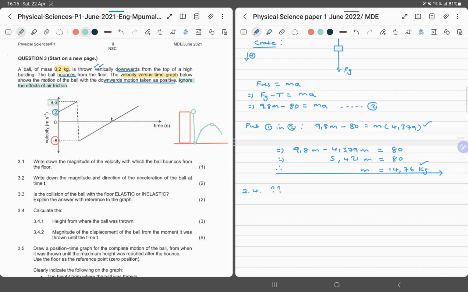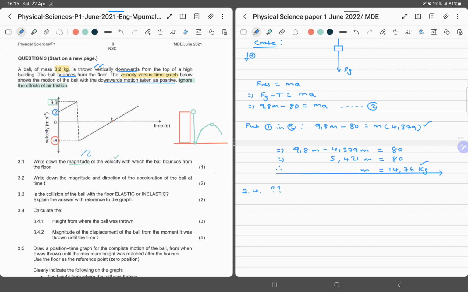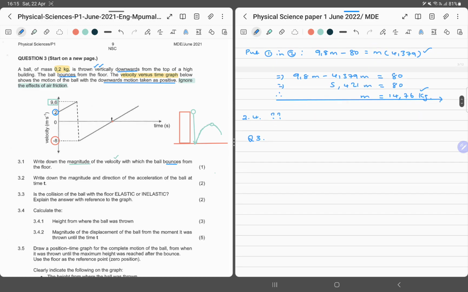Now let's have a look. It says write down the magnitude of velocity with which the ball bounces from the floor. So it bounces from the floor at a velocity of 8 meters per second. So we're doing question 3 here.